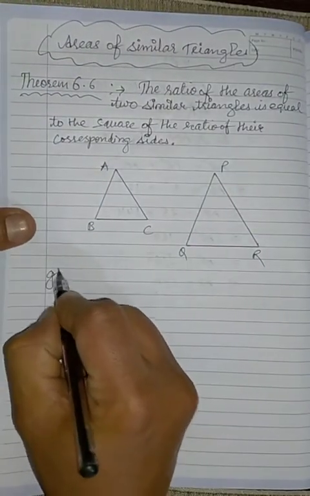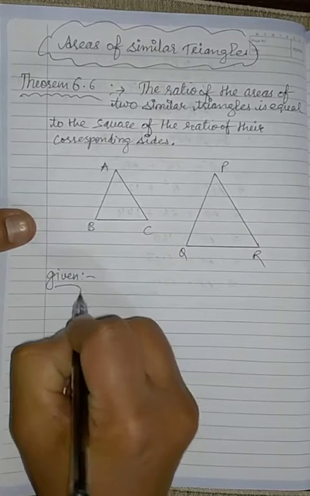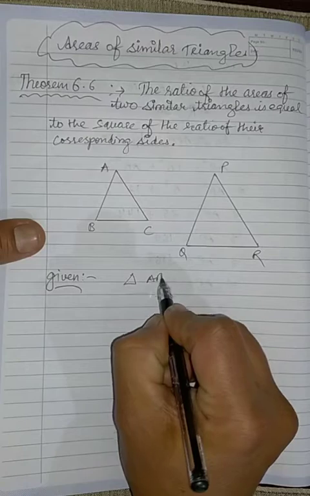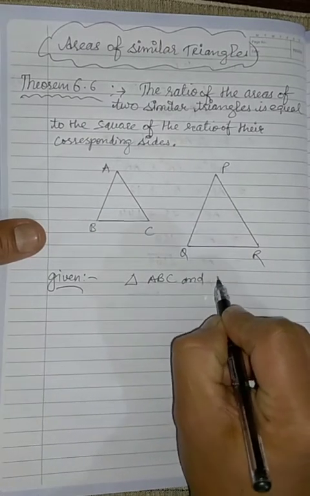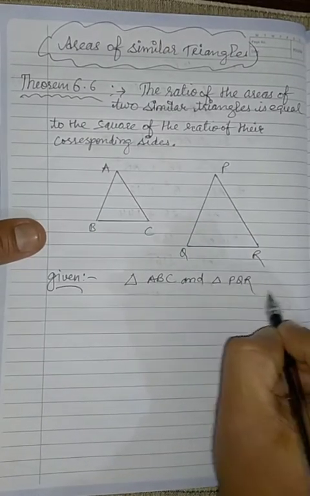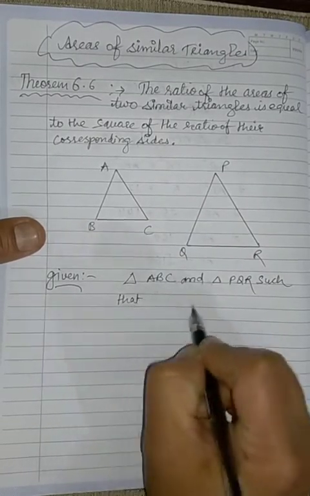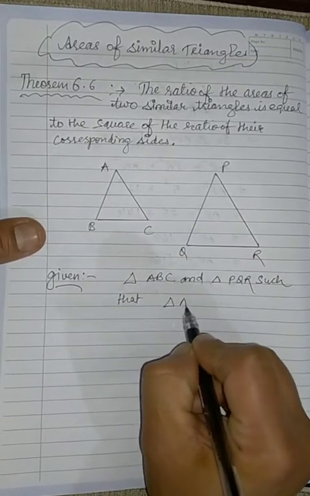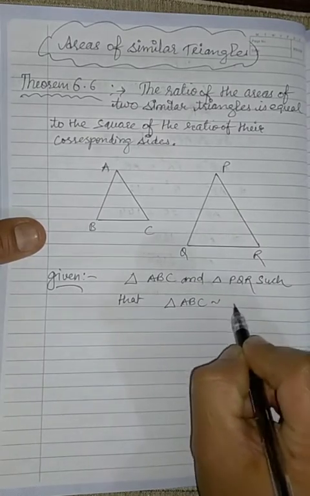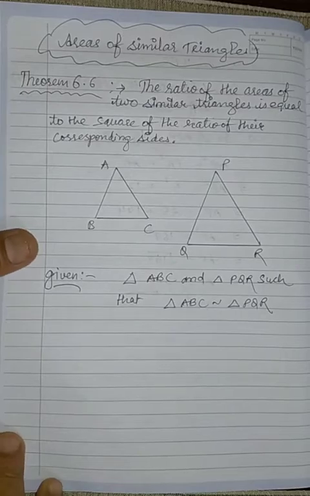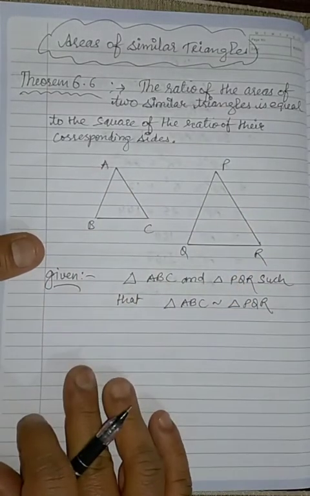So as per the statement of the theorem, we are given triangle ABC and triangle PQR such that triangle ABC is similar to triangle PQR. Both the triangles are similar, we are already given that.